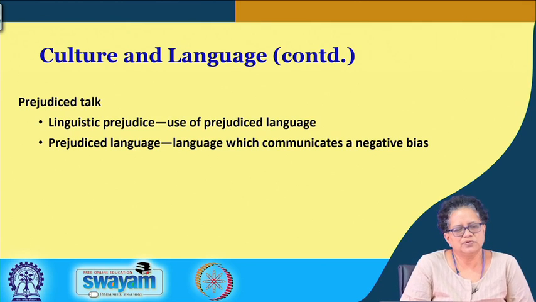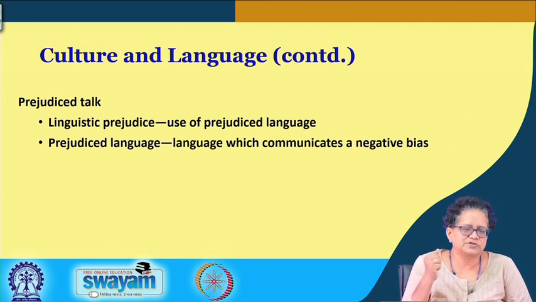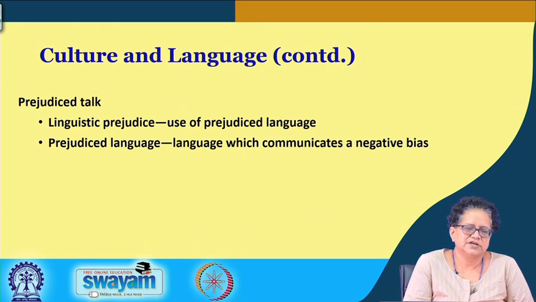Moving next to the idea that at times language can be used with the motive of prejudice, and that is called prejudice talk. There are two types of prejudice. The first is linguistic prejudice.